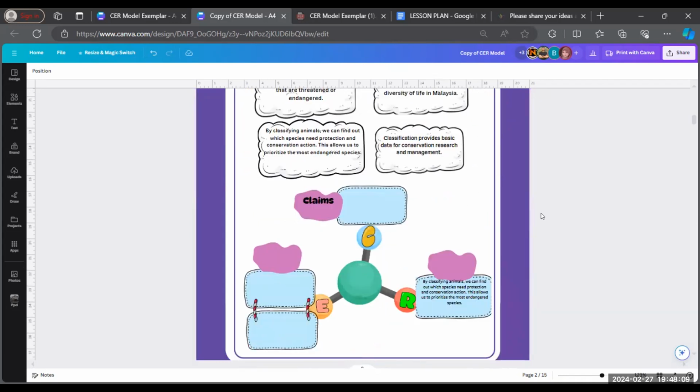So for the first step, I have to give clues for my students to answer the question. They have to find out which one is the claim, and then they have to copy and paste the answer into the box.